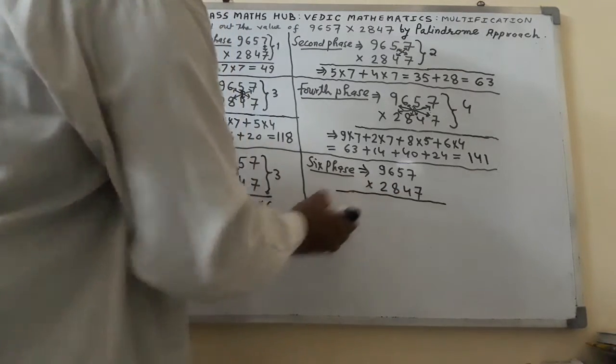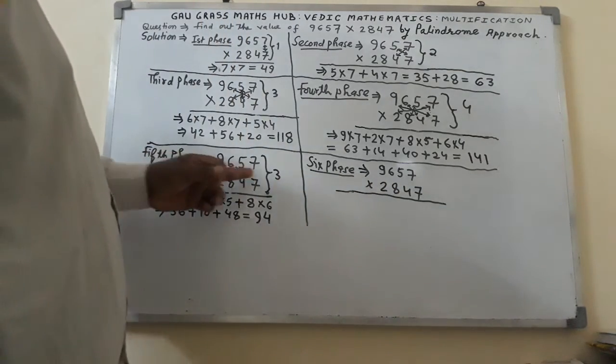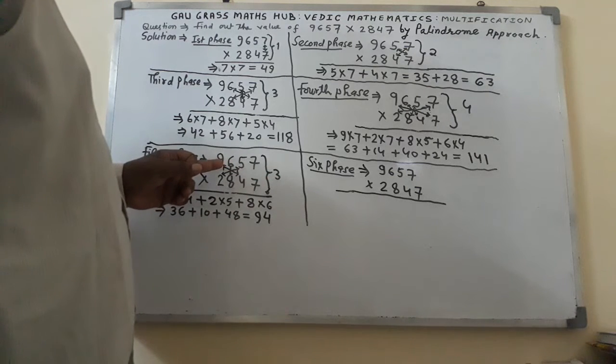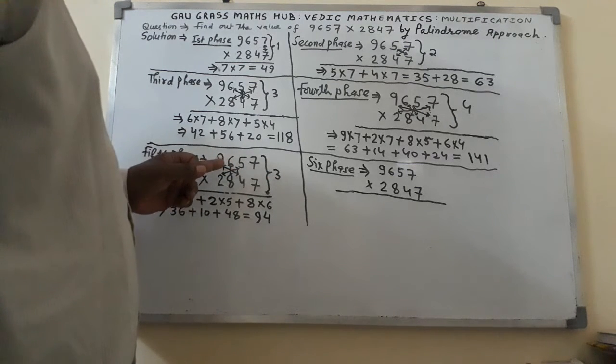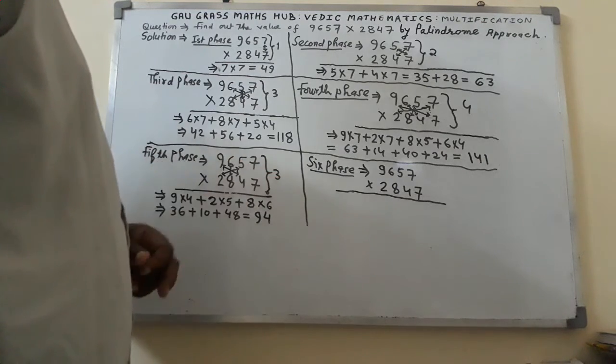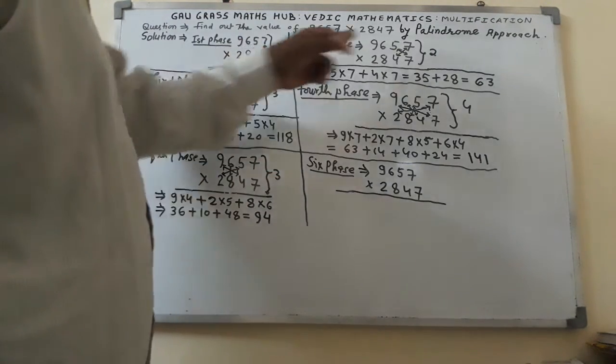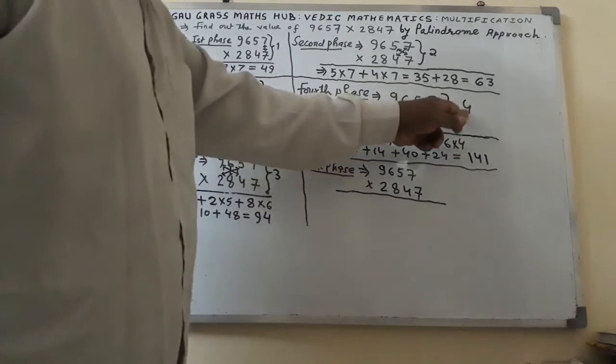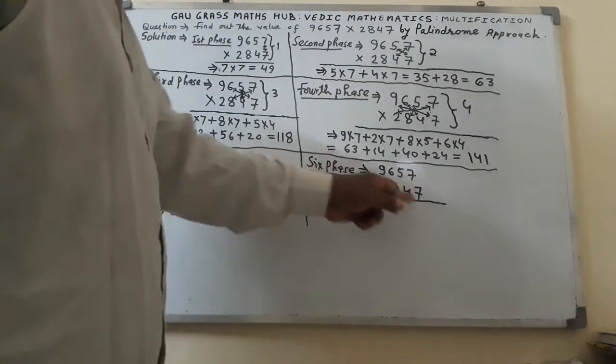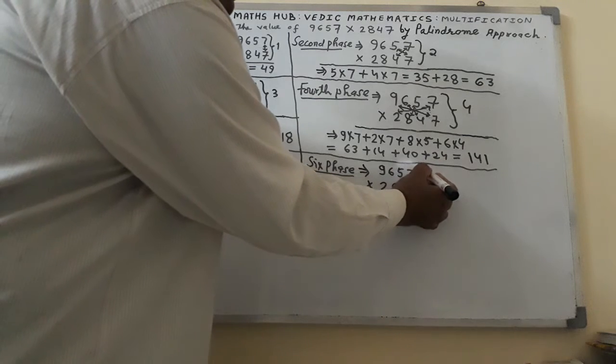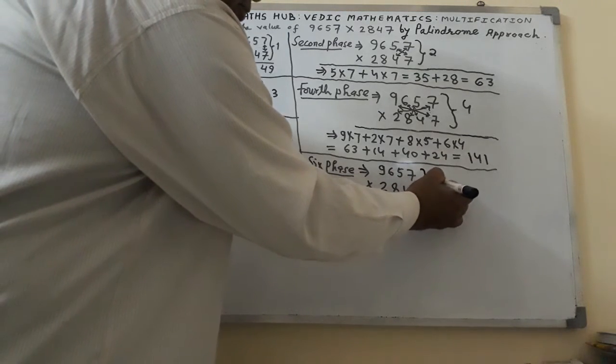Let us see. Here you can see for these 3 I have taken 1, 2, 3 I have mentioned here. So here you have got 1, 2, 3, 4, 4, 3, 2. So this will become 2 as per palindrome rule.